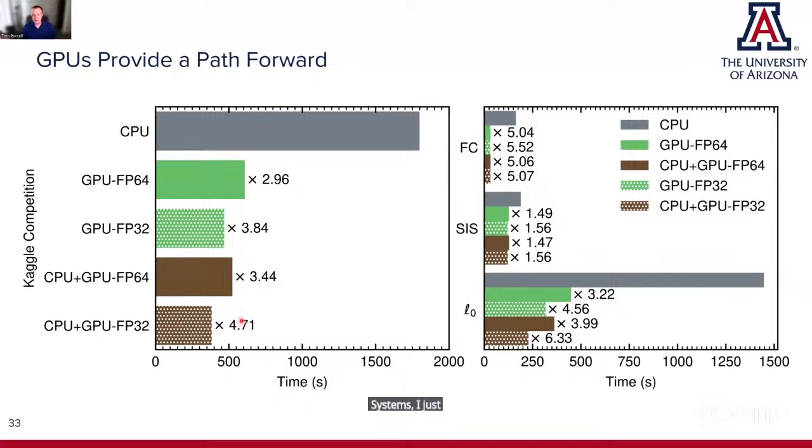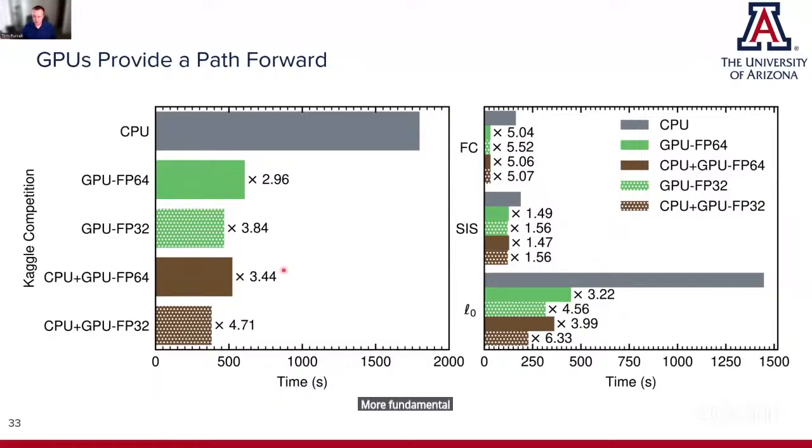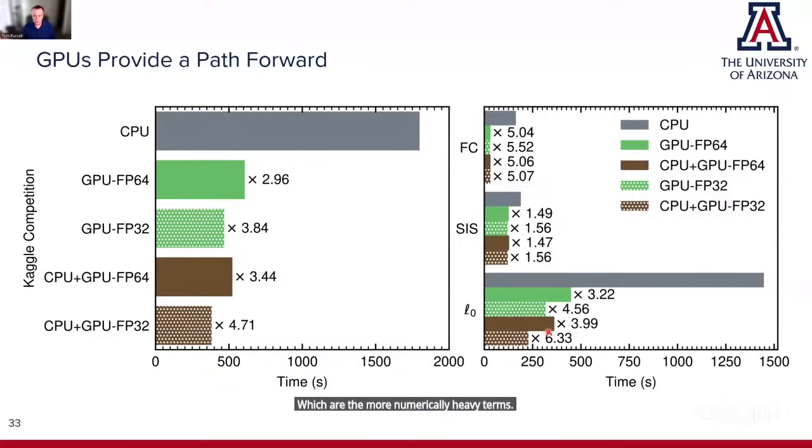I just want to highlight the importance of utilizing modern computational tools to address some of these more fundamental algorithmic problems. We can see that both the feature creation step and the L0 step, which are the more numerically heavy terms, are performing quite well. And again, if we were to use a system that has more favorable characteristics, this porting is even better.